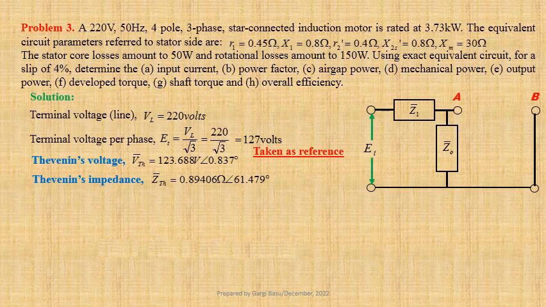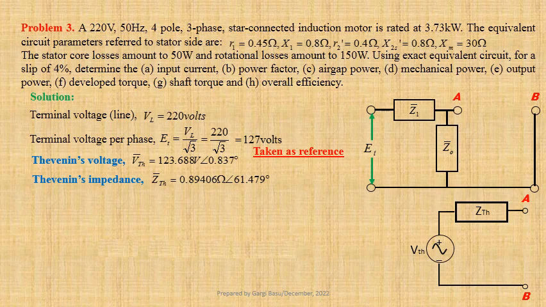Let us draw the Thevenin's equivalent circuit as seen from terminals A and B. Now we shall connect the load, that is the equivalent rotor impedance per phase Z2 dash back to this circuit.